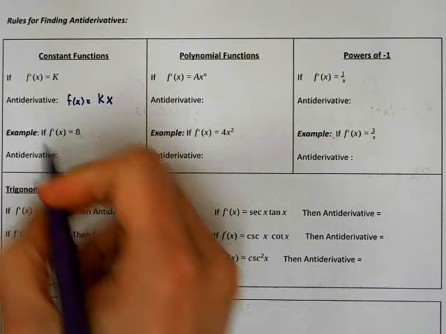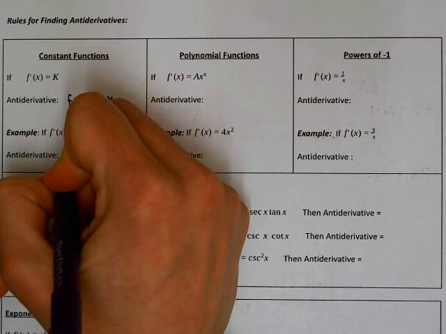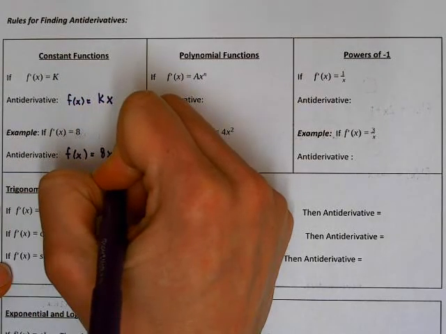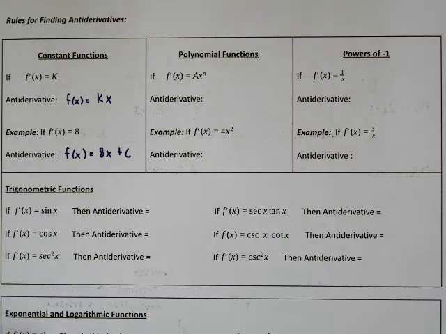So for example, if f prime of x, my derivative, is 8, then the antiderivative is f of x equals 8x, and we're going to put plus c as that placeholder for the constant.